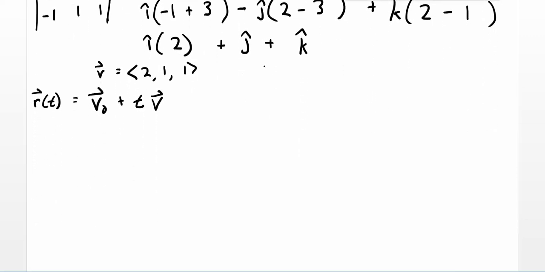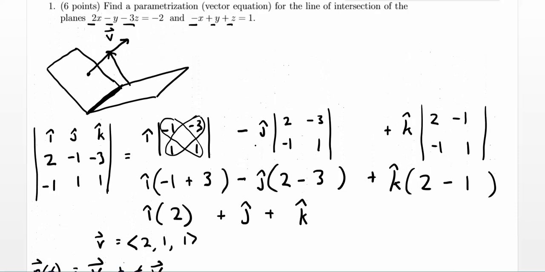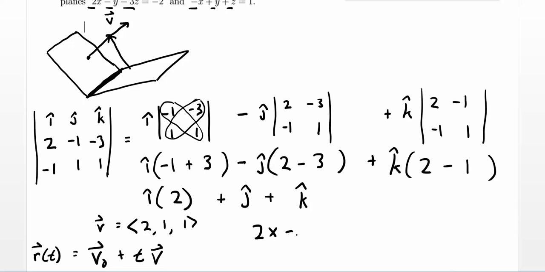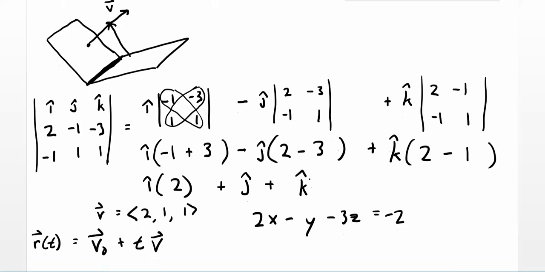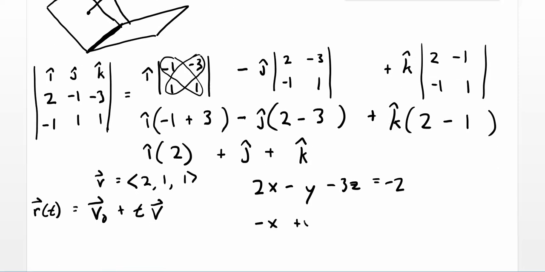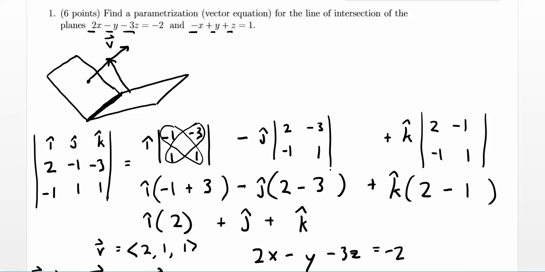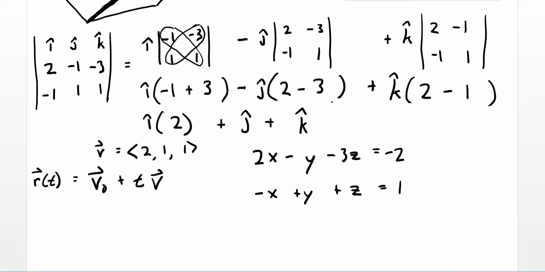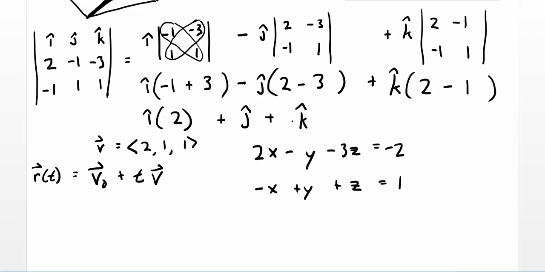So let's look at our two equations. 2x minus y minus 3z equals negative 2, and negative x plus y plus z equals 1. Okay, so you are allowed to pick a single letter to arbitrarily plug in a number and then figure out what y and z are that go with that number.